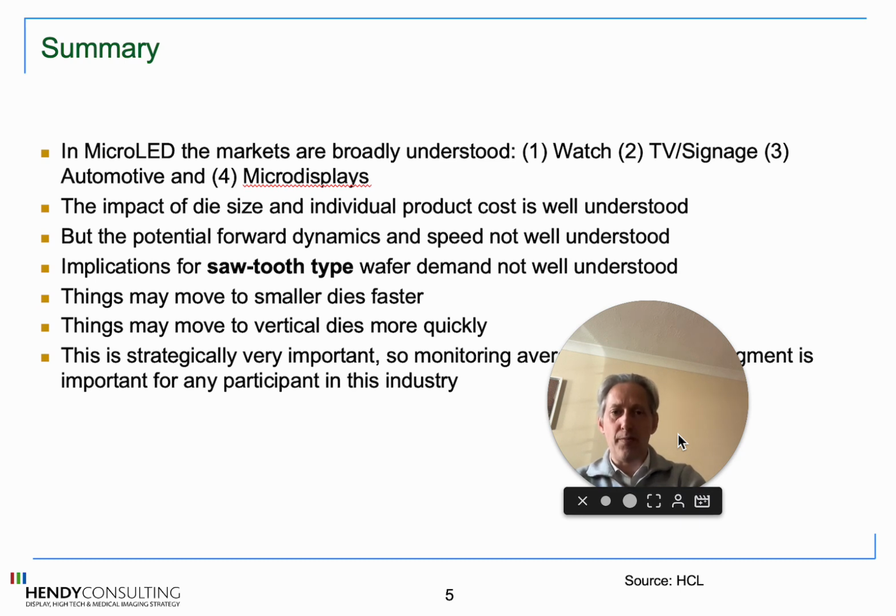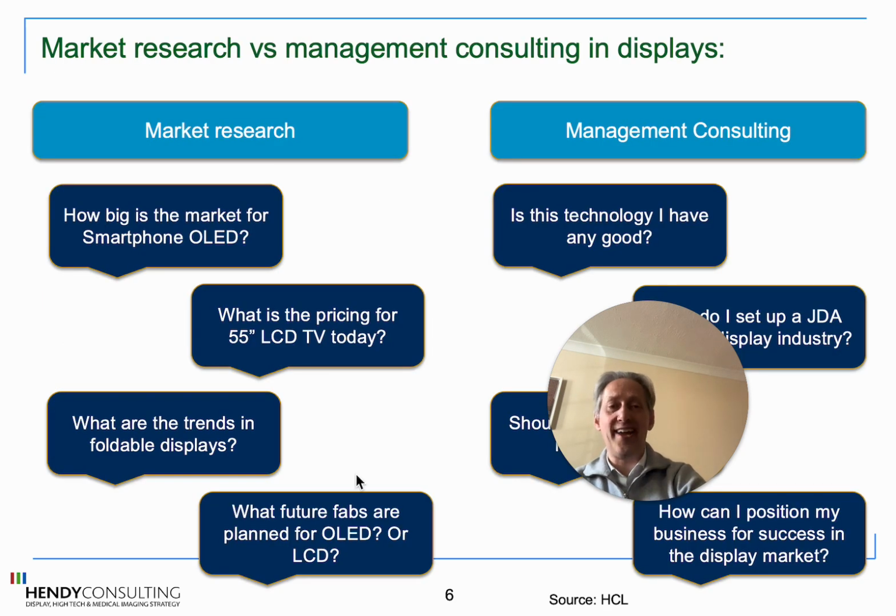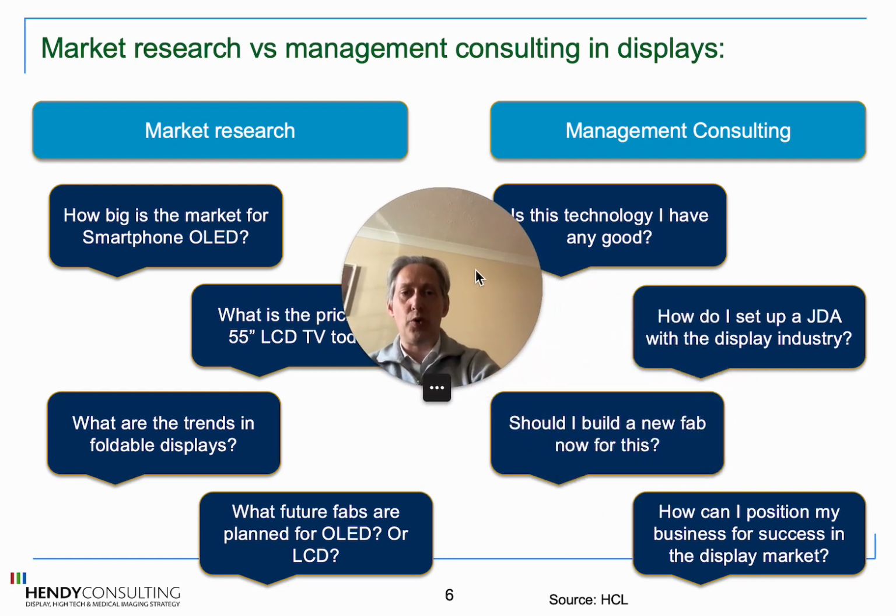All of the equipment supply that supports wafers will be heavily impacted by the forward-looking predictability of die size transitions, and I think that is extremely less clear. And what we may also see is smaller dies faster than we would think, and I have this feeling that maybe we see vertical dies faster than we think. So that was my little piece for this Monday morning.